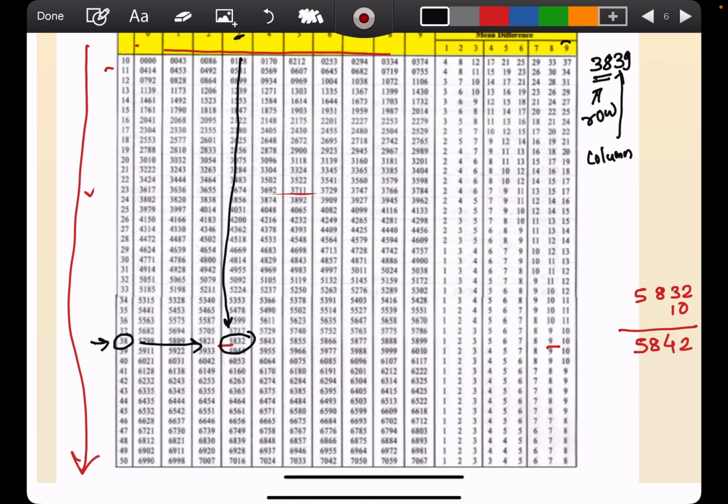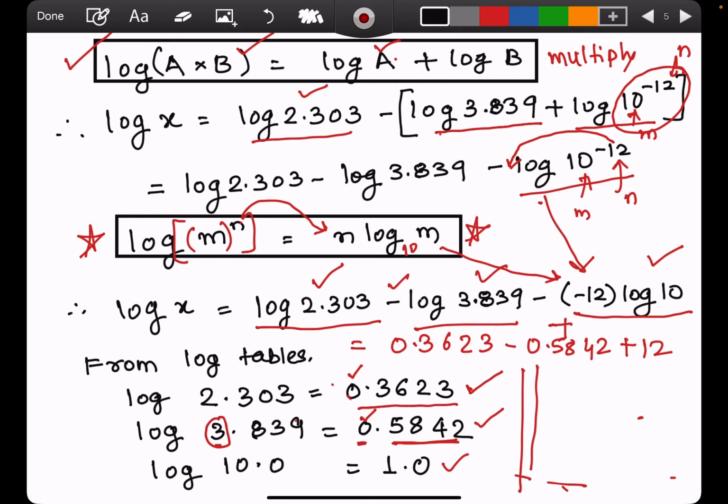The fourth term is 9. You go straight downwards, and you get the value as 10. So add 10 and you get the corrected mantissa 5842. The characteristic I told you would be 0. So this is how you get the log of 3.839.